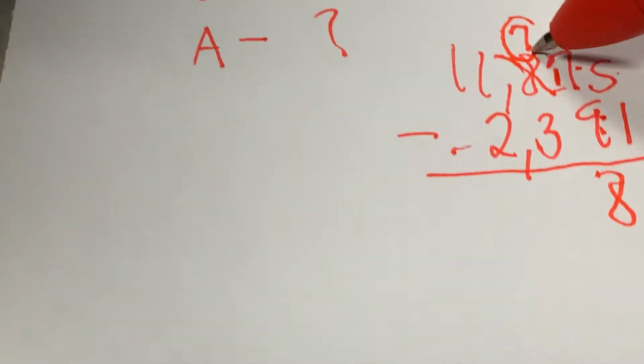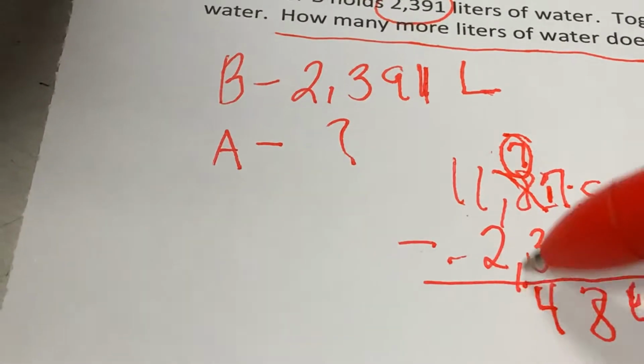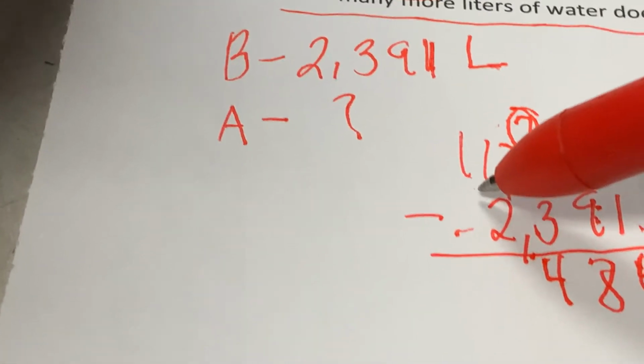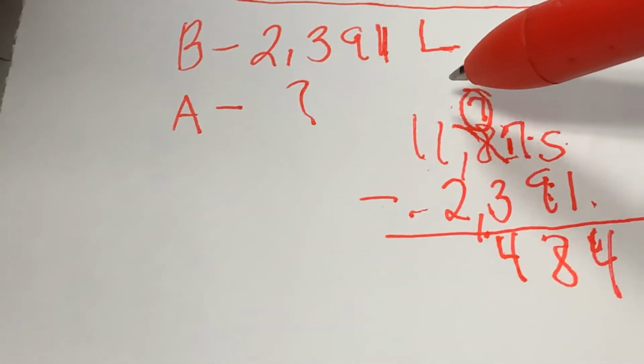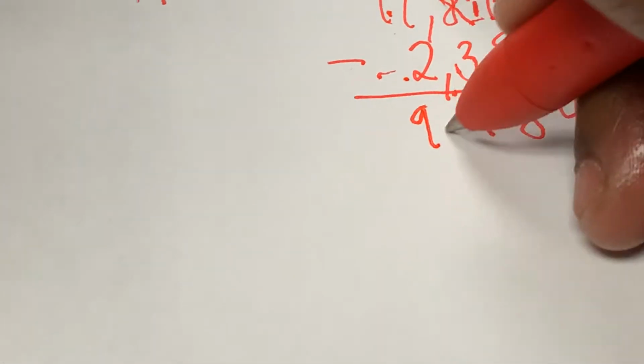In the hundreds place, it's more on top. Do not stop. 7 minus 3 is 4. And then instead of me, I know it's more on the floor here, and I can go next door. But instead of doing that, I'm just going to take 2 from 11, and that leaves me with 9.